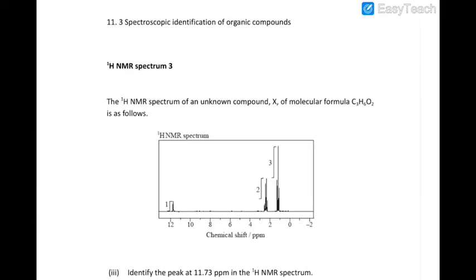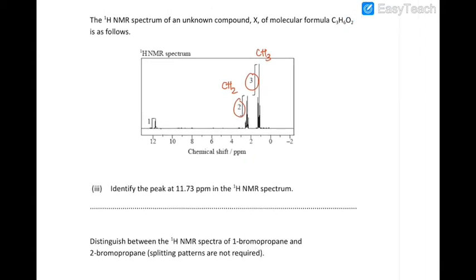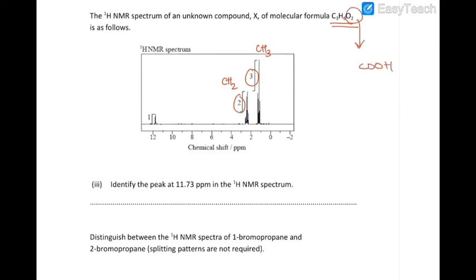So let's see our third spectrum. Whenever you see 3 and 2 together, most probably it's a CH3 attached to a CH2. Here you have an unknown compound with 2 oxygens, so most probably a COOH.